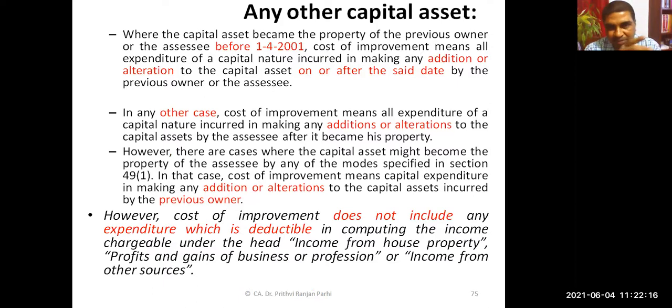For other assets, cost of improvement means costs which are incurred after 1-4-2001. So for any property which the previous owner acquired before 1-4-2001, the cost of improvement means the cost of capital expenditure incurred for making addition or alteration to the capital asset on or after the said date.